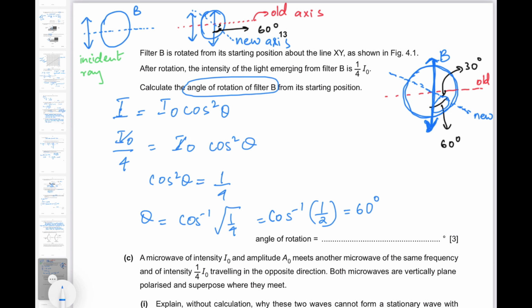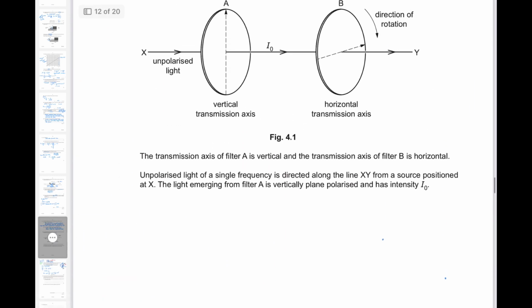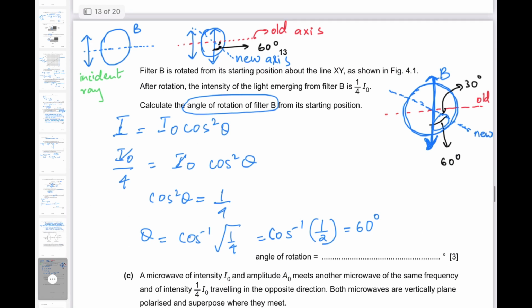The question is asking you to find the angle of rotation of filter B. Remember, previously we read that filter B is horizontal, which means the transmission axis looks like this initially. After the rotation, you would have a new transmission axis.